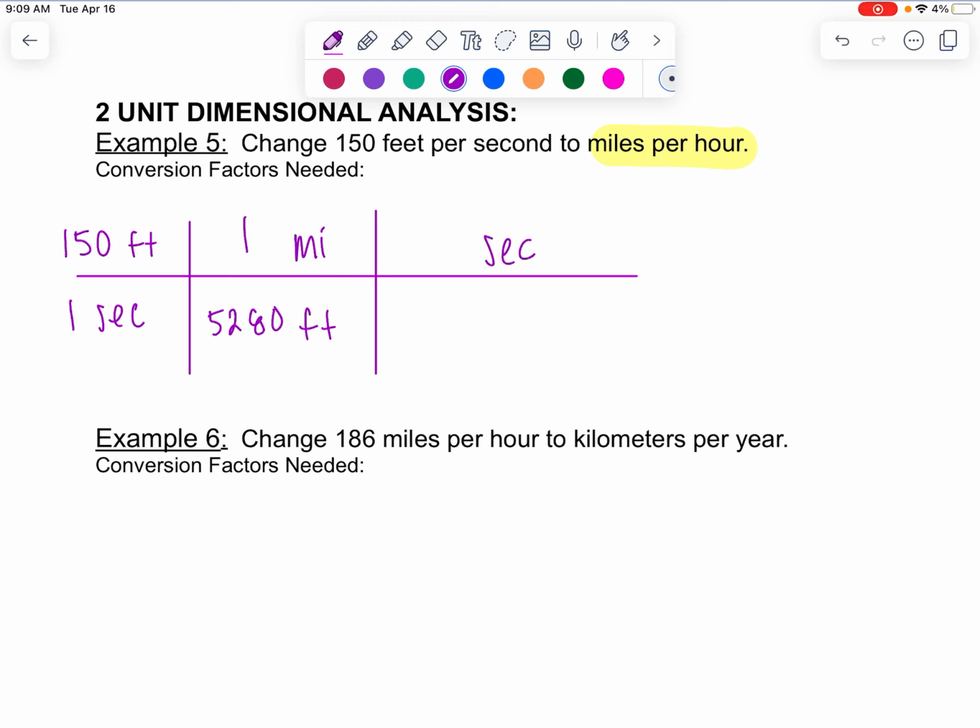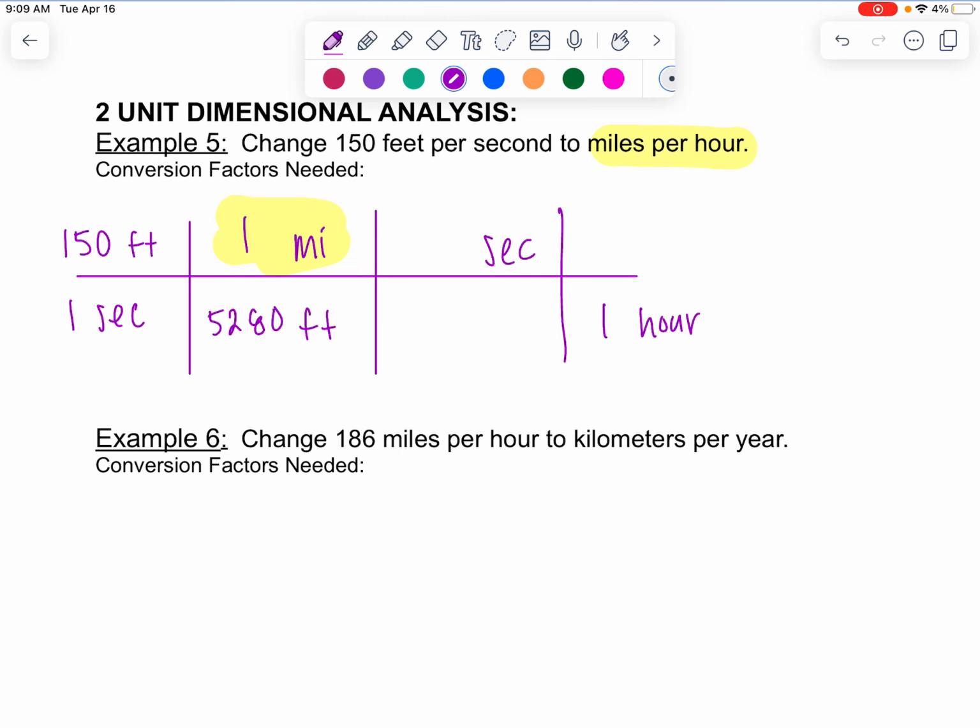Eventually we want to get to 1 hour, so I can make that conversion real quick. We already have our miles up on the top, so that's fine.